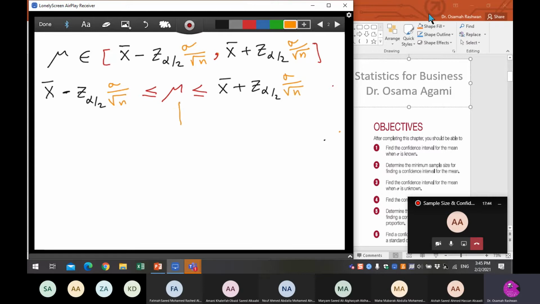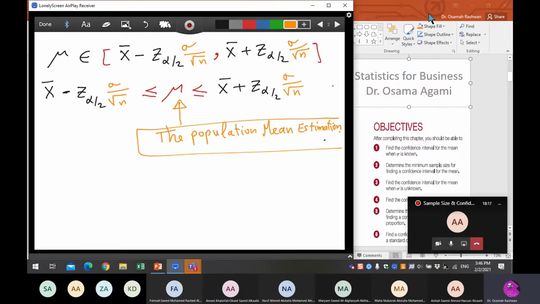So this is the population mean estimation. I have an estimation for the population mean using the mean of the sample, right? But I have to know the standard deviation of the population.